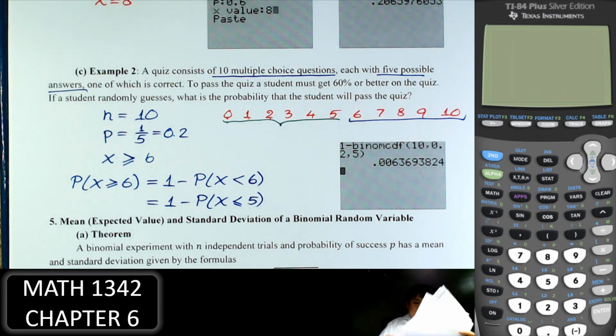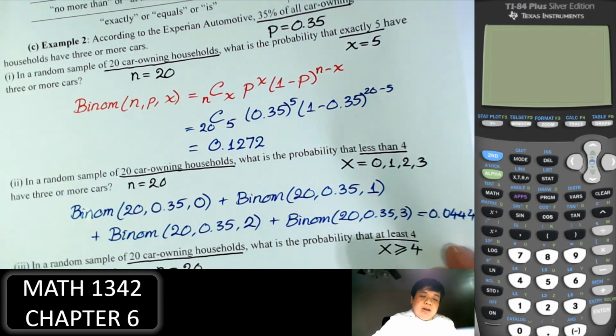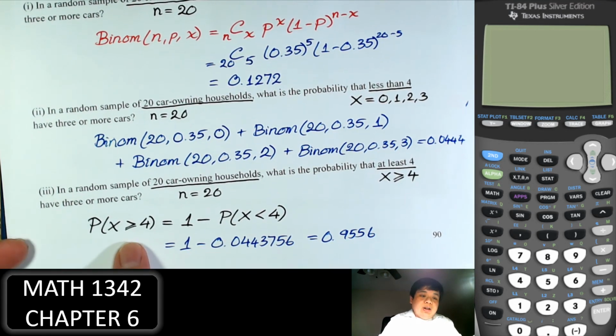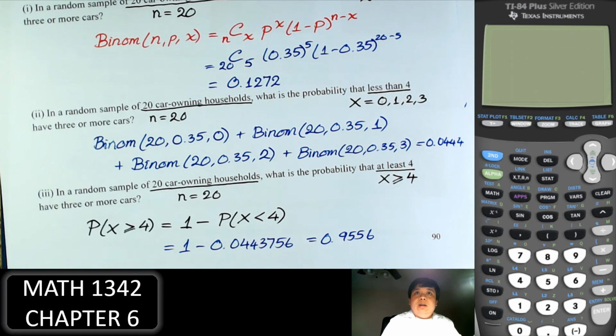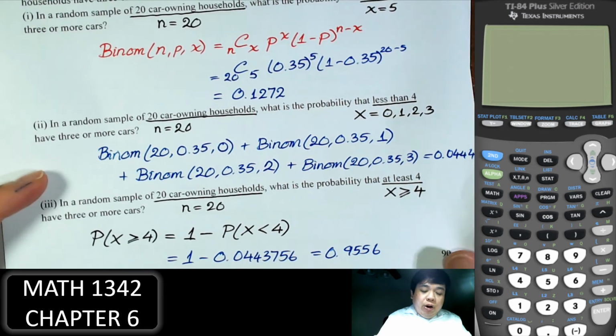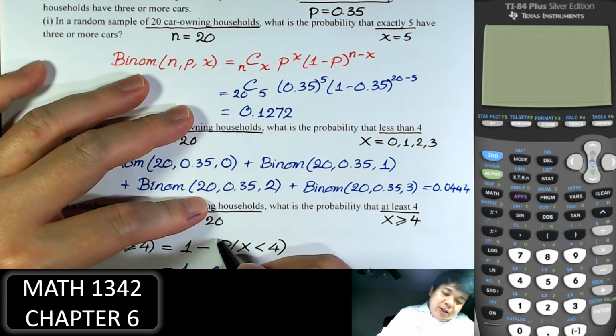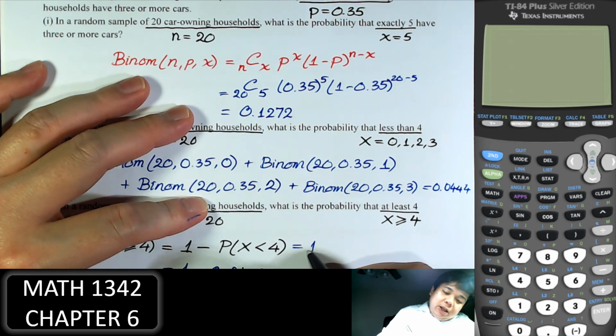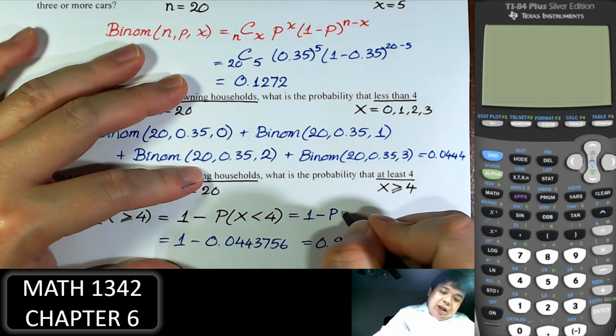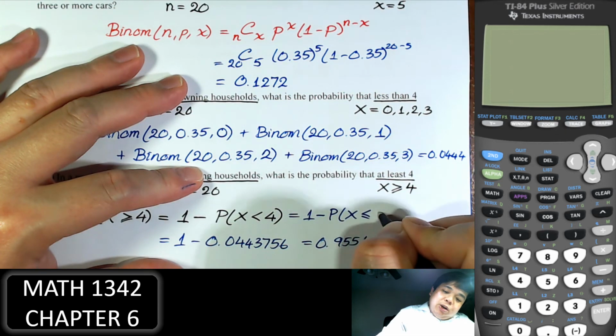So, on the previous problem, we want greater than or equal to 4. The complement is less than 4. If we don't want to write less than 4, we can also say less than or equal to 3.